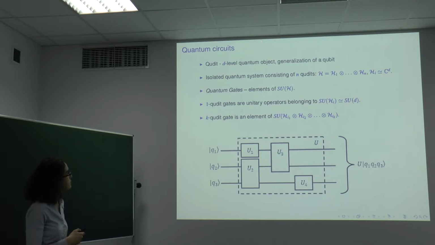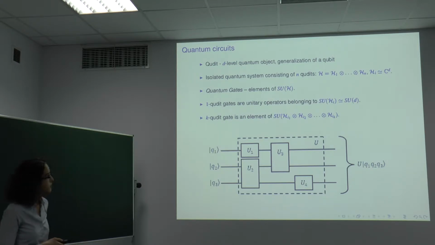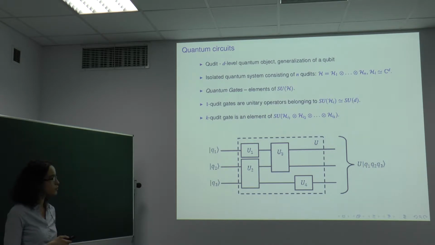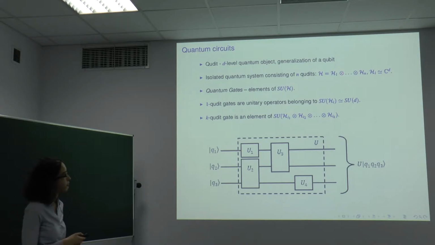A d-level generalization of a qubit is called a qudit. So in the simplest model, we can assume that our quantum computer is an isolated quantum system which consists of n qudits, and the Hilbert space of such a system is the tensor product of one-qudit Hilbert spaces.